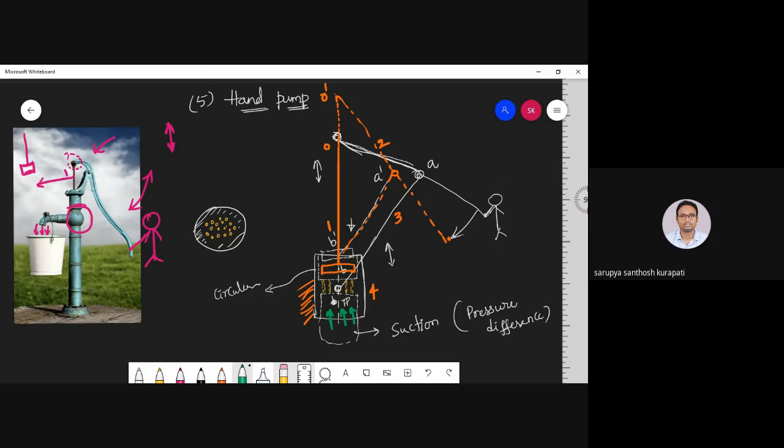In this manner, this hand pump is going to work. Due to the movement of the plunger, or you may take the second slider, pressure difference is created and the water flows upwards. So this is the story about different types of mechanisms in single slider crank mechanism, different types of inversions.